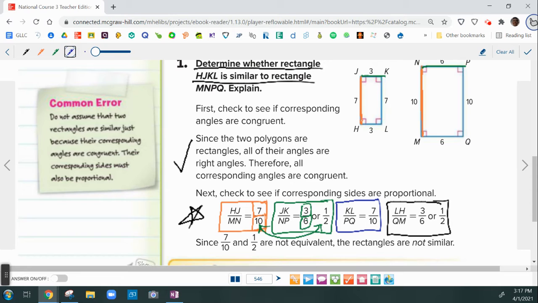We have KL and PQ. We check that fraction. And the final one, they have HL and MQ, or vice versa. And since there are different ratios here, they don't all equal the same thing. They are not similar. Why? Because they are not equivalent ratios.